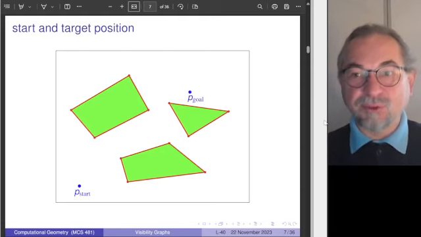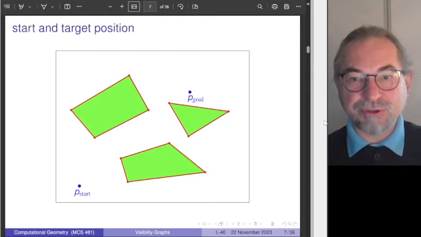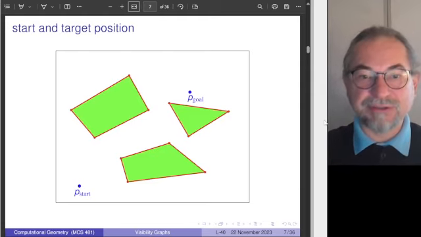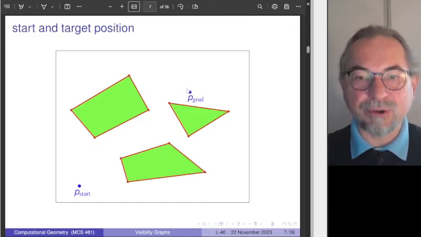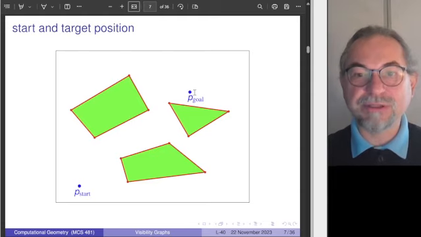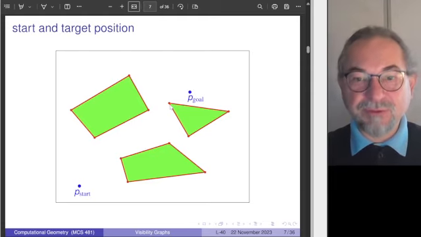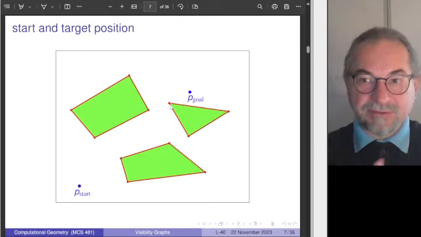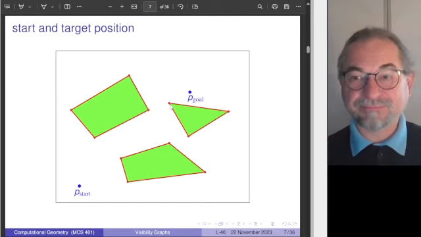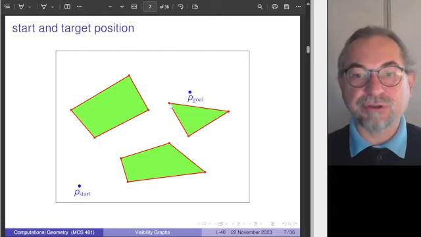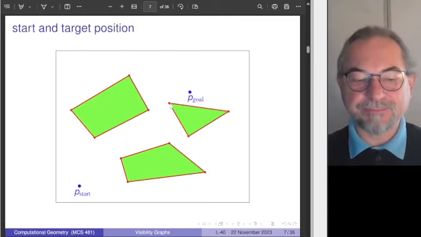Then solving this, if there are no obstacles, this would be just drawing a straight line from start to target. But if you were to do that, you would hit that obstacle. So you can't really do this. Well, you could modify that straight path so that you touch on that vertex here.